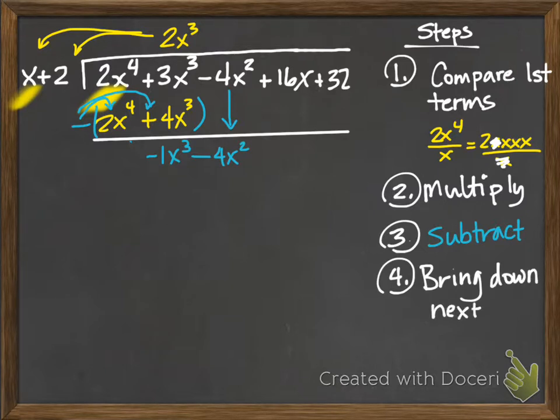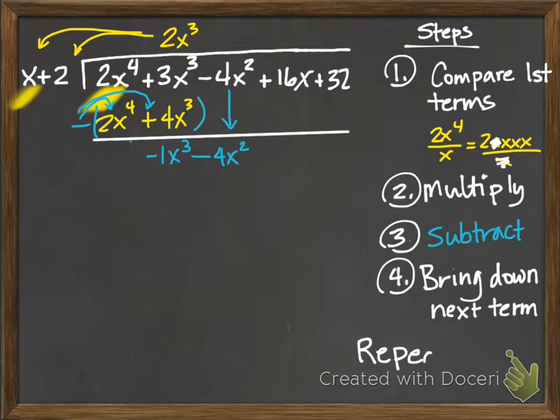If you had two things that canceled out, you would bring down your next two terms. And then starting with step 5, we're basically just going to repeat steps 1 through 4. Except I think the song is repeat steps 1 through 3, but that's okay.